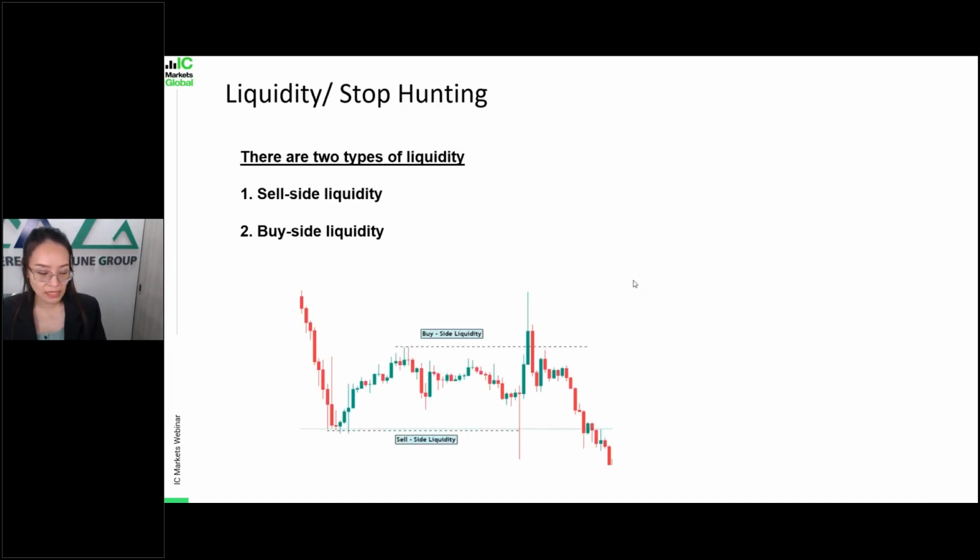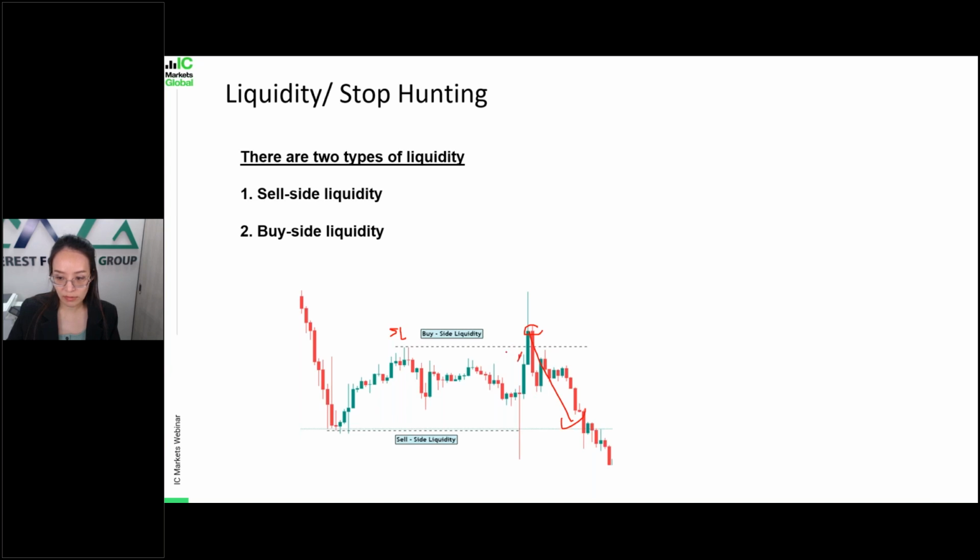So basically, let's go to liquidity or stop hunting. Actually, they're the same. We already know that there are two types of liquidity: sell side liquidity and buy side liquidity. What that means is, usually you place a sell entry, you make a sell order, and you put your stop loss here, and then you get stopped out. Some call this stop hunting, but in ICT they call it buy side liquidity, and then price is rewarded in the same way.